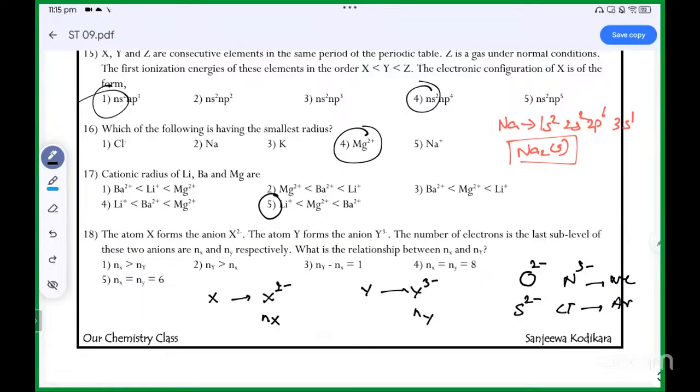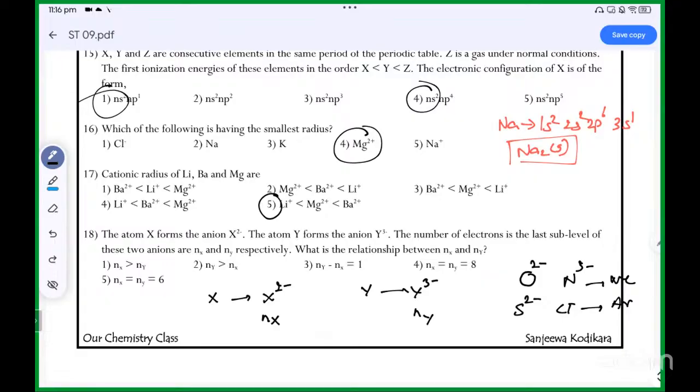Both of them are having the same electronic configuration as argon. So an anion is created to form the most stable configuration. Therefore, both of these anions should have the same number of electrons. The theory is anions are formed to create the most stable configuration, which is the noble gas configuration in the same period.